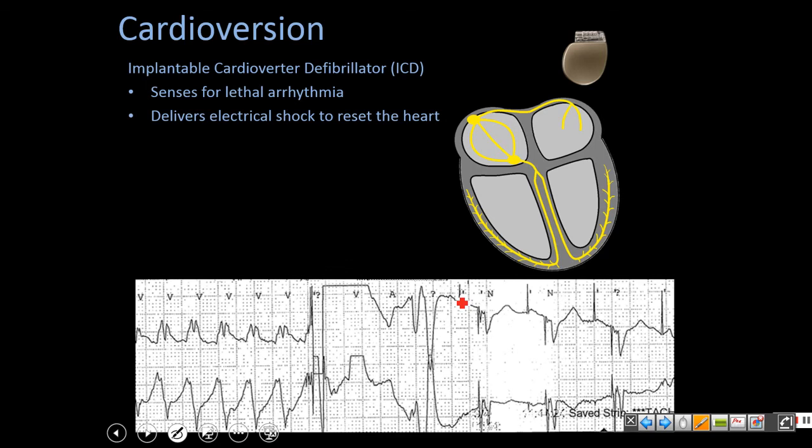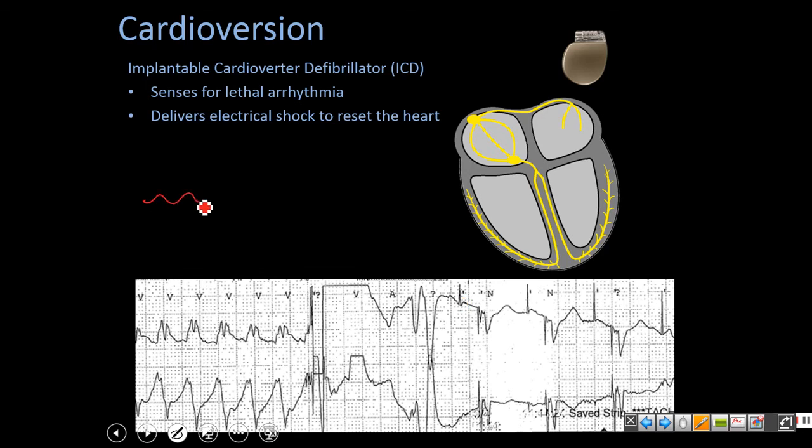Now, if your patient has a lethal arrhythmia, they may also have an implantable cardioverter defibrillator, or ICD. ICDs can sense lethal arrhythmias and deliver an electric shock that is meant to reset the heart's electrical conduction system.